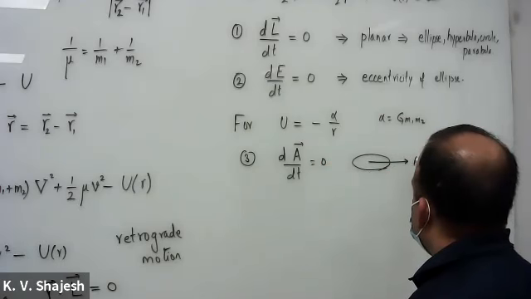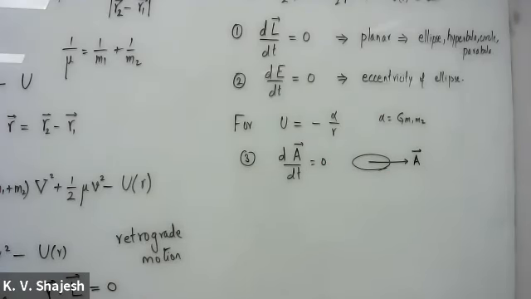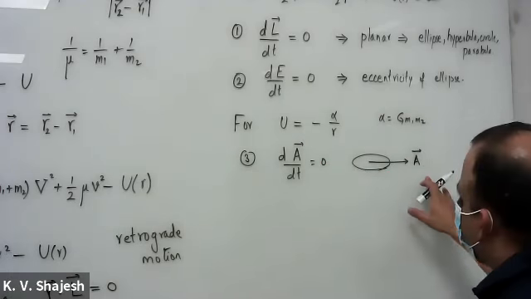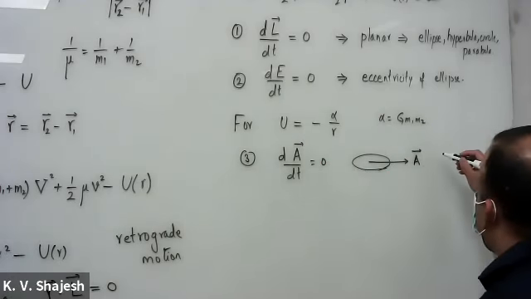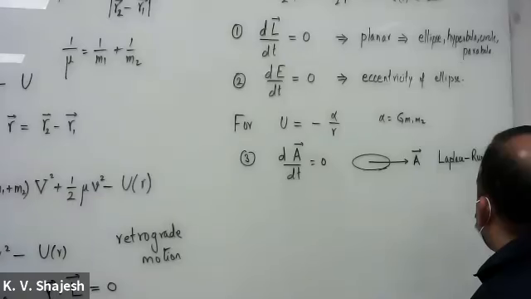So that's your A. And this is called the Laplace. It was Laplace who first noticed this. Laplace-Runge-Lenz vector.